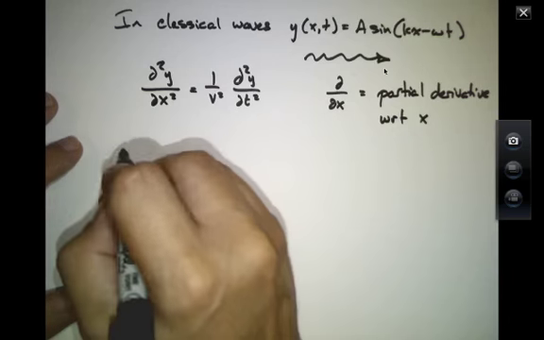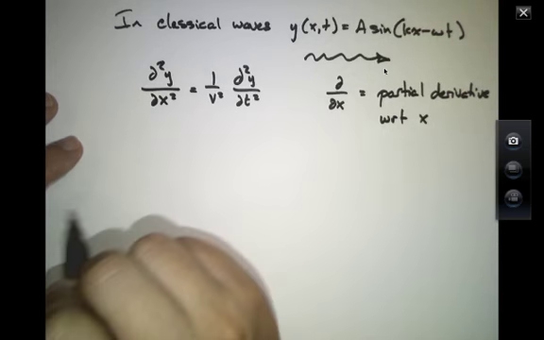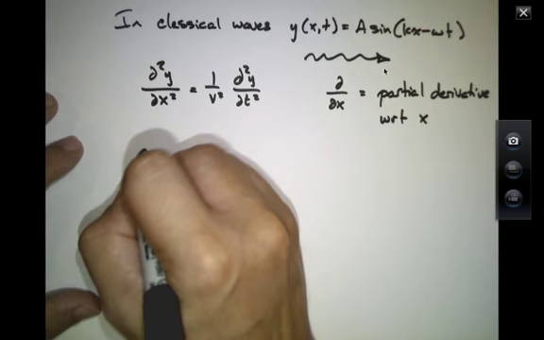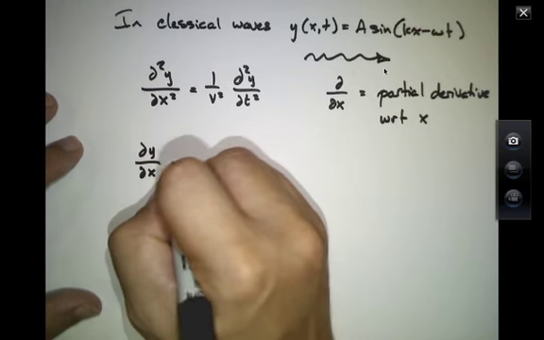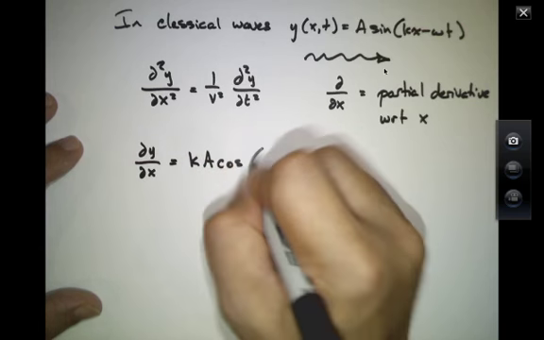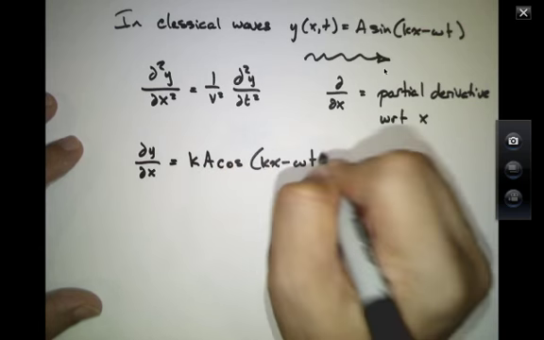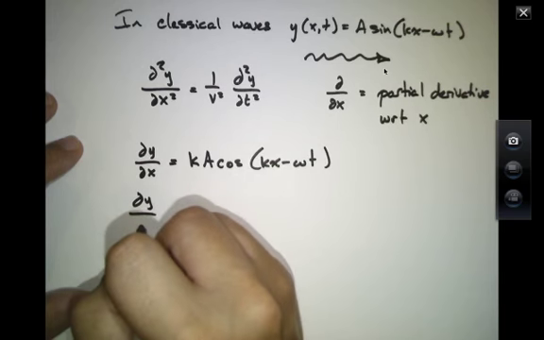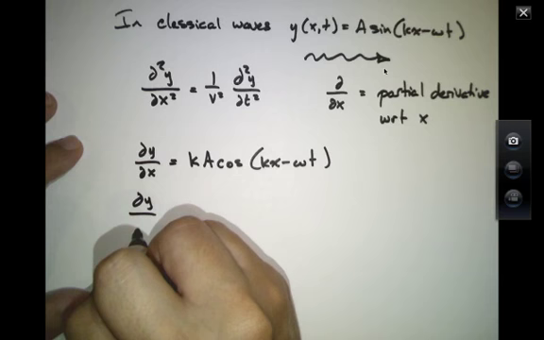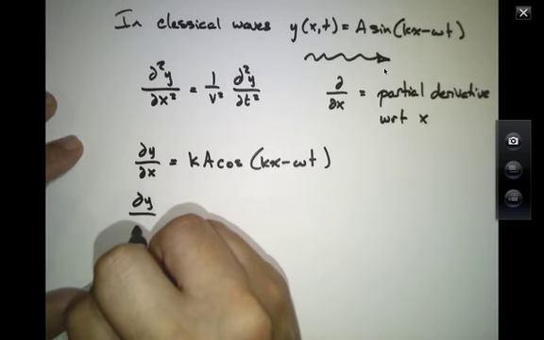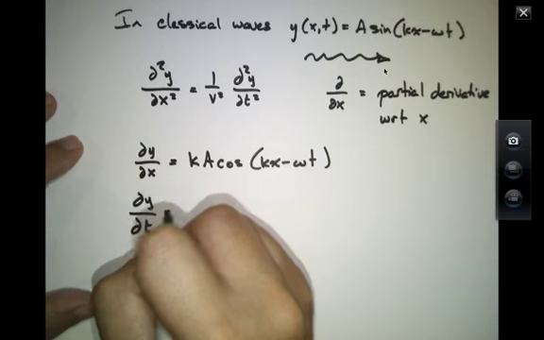It's easy to see that this particular sinusoid satisfies that wave equation. The first partial derivative of y with respect to x is just ka cosine(kx minus omega t). The second partial derivative, we're taking the first partial derivative with respect to time.